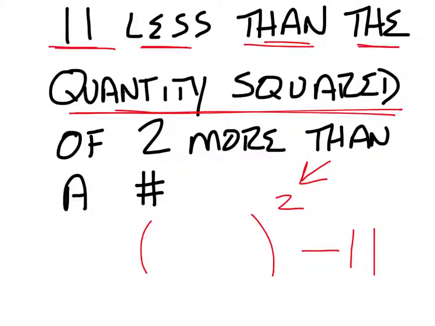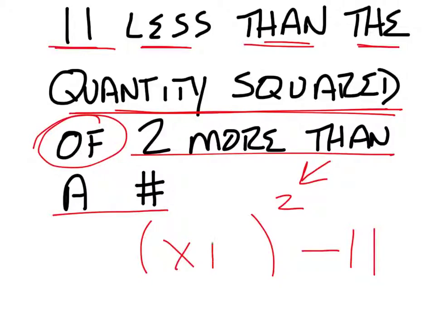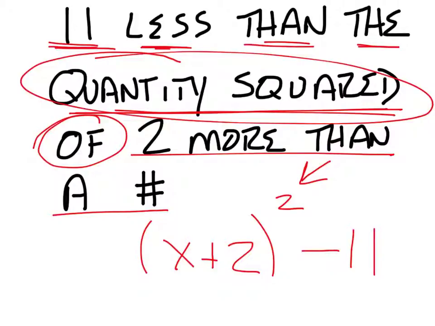And then the quantity squared of 2 more than a number means x plus 2. So you should have the quantity squared of x plus 2, close the quantity, and the minus 11 is on the outside because it's 11 less than the entire quantity squared.